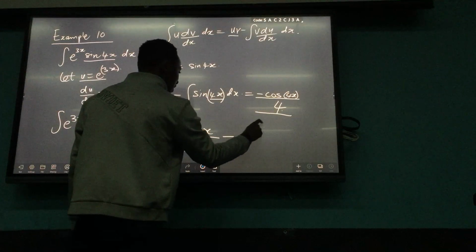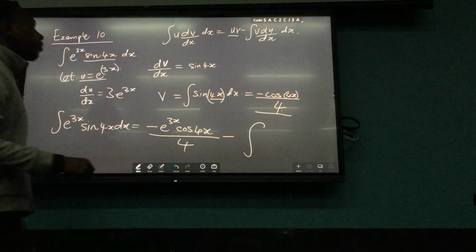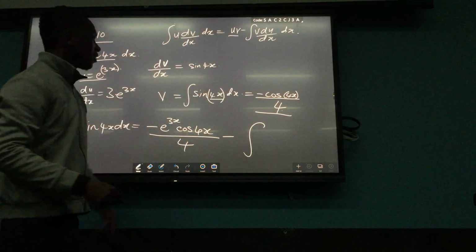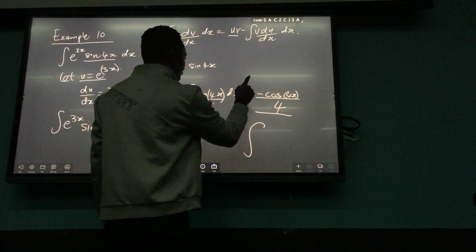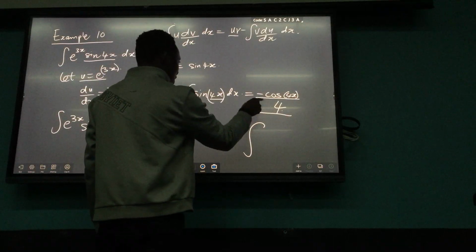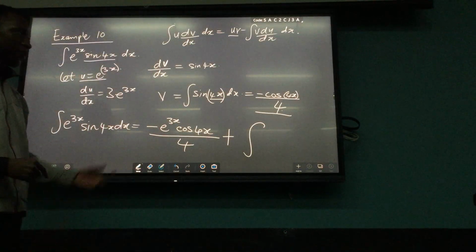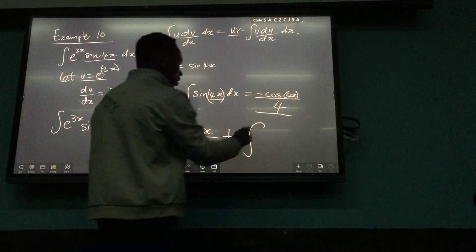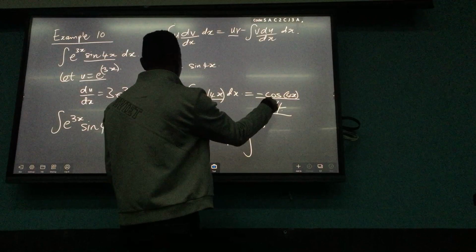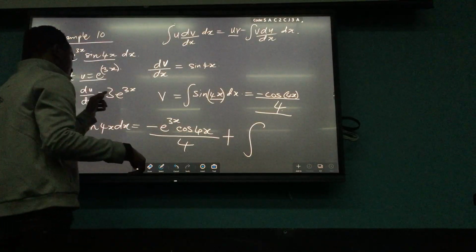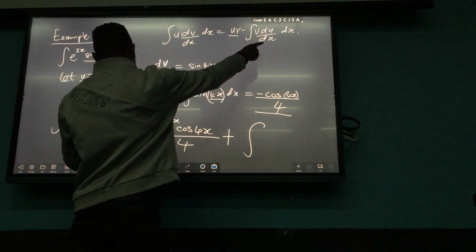Then we say minus the integral of v. Where is v? V is this one, which has a negative, right? So v is negative, but we can put that negative here, so that becomes a plus if we factor that negative out. We can also factor out this 4 here, and du dx, remember we're saying v du dx.